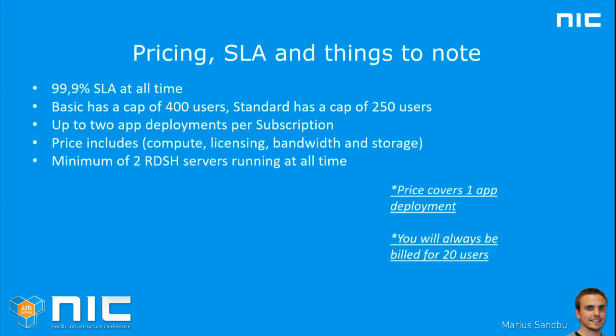But here's a little quick note I just took notice of: you will always be billed for 20 users, even though you're just 2. Even if I have small customers with 2 to 3 employees, I think, hey, maybe I can use that to move my applications out to the cloud instead of having the local server running under my desk.